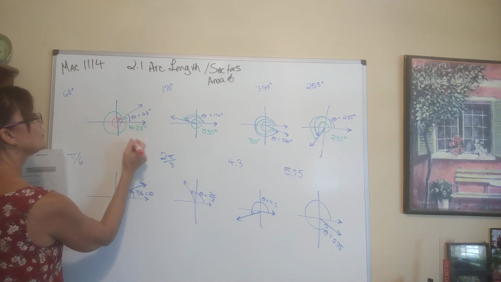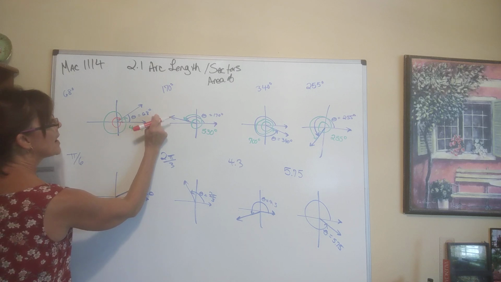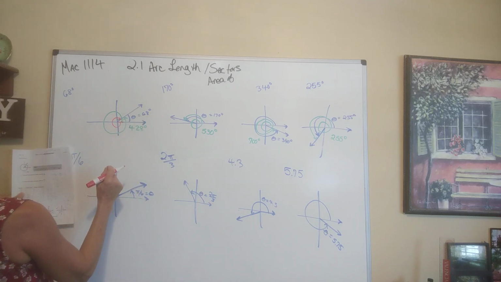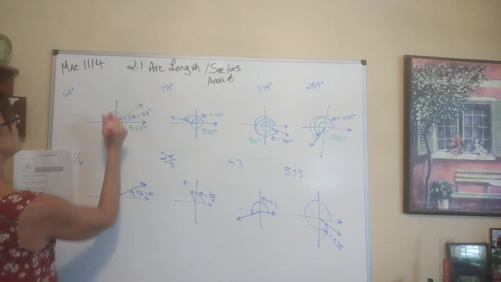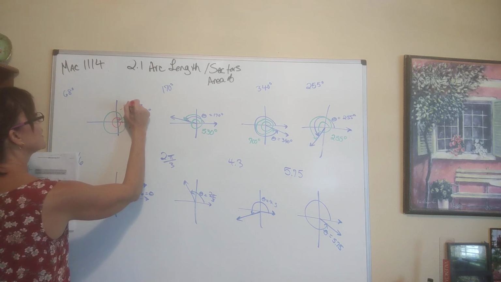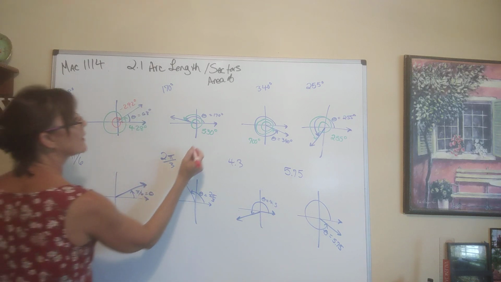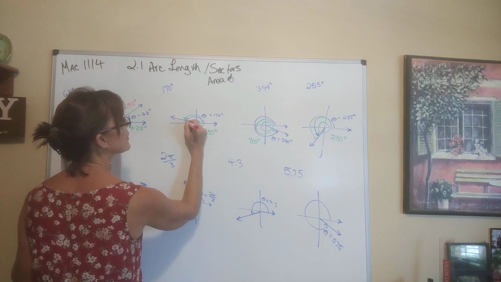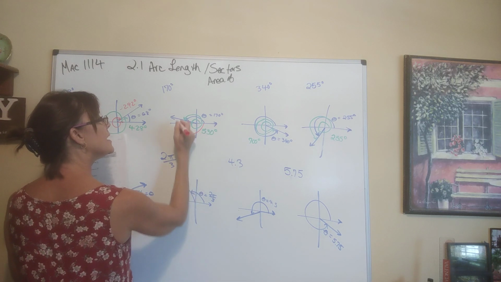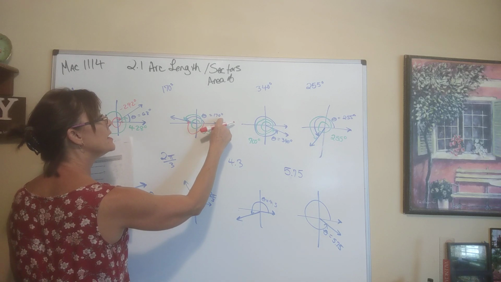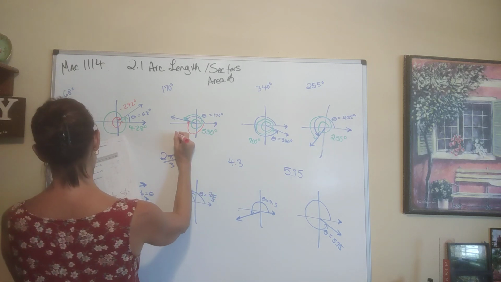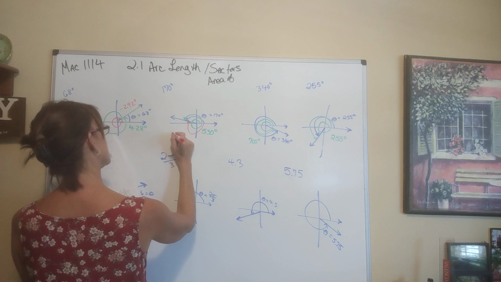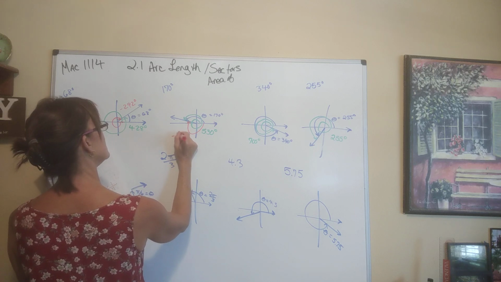How we got that would be 68 degrees minus 360, and that gives us negative 292 degrees. All right, let's find a coterminal angle. Here's my initial side, and then we're going to go this way to there. Red would be 170 minus 360, so that coterminal angle is going to be negative 190 degrees.